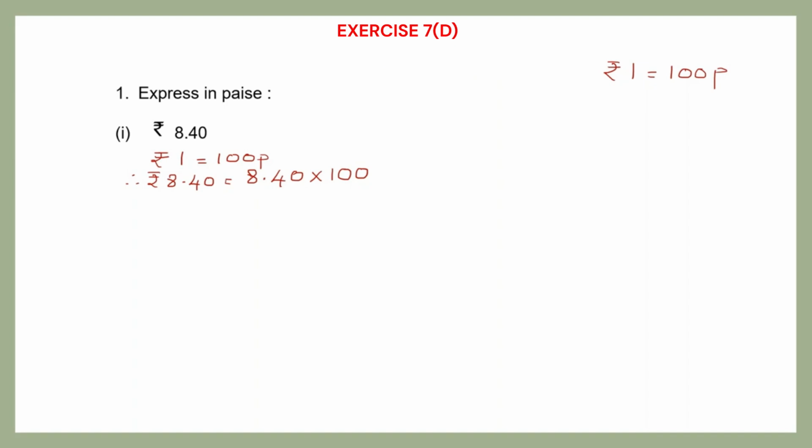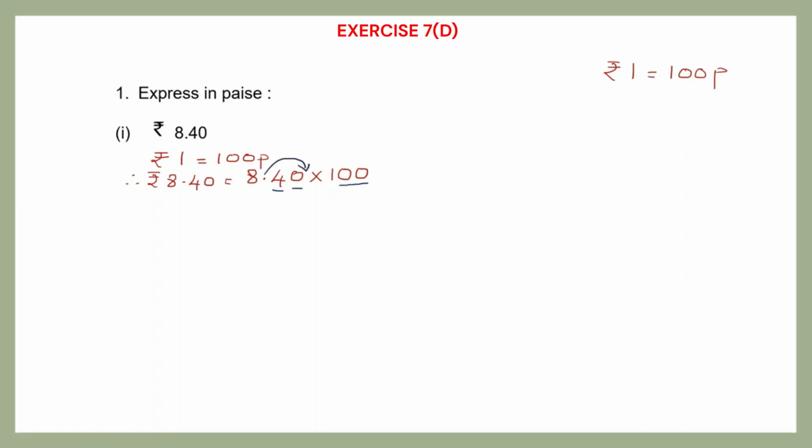Now in the earlier chapters, exercises, we have learned how to multiply by 100. When you multiply a decimal number by 100, look at the number of zeros that you have. There are 2 zeros, so that means your point will move 2 places to the right. When it is multiplication, it will move to the right.